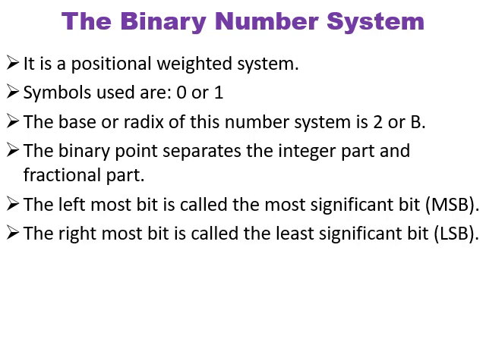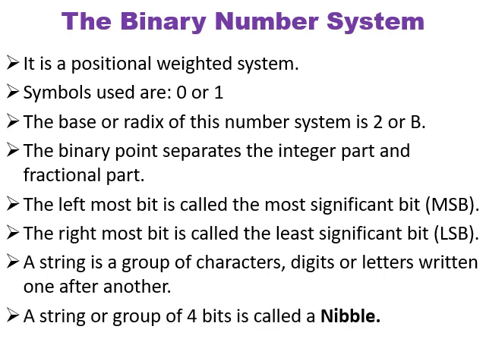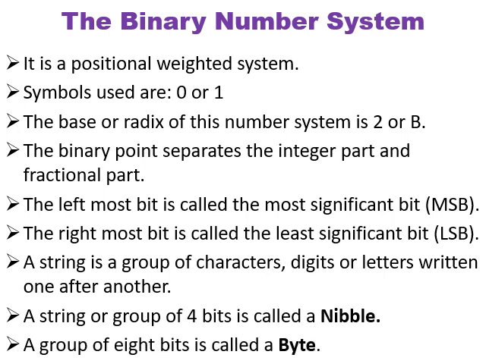The rightmost bit is called the least significant bit since it has the least or the lowest weight. A string is a group of characters, digits or letters written one after another. A group of 4 bits is called a nibble. A group of 8 bits is called a byte.